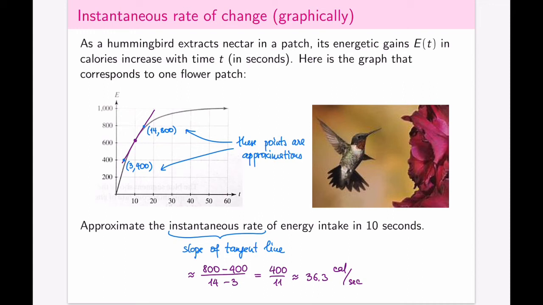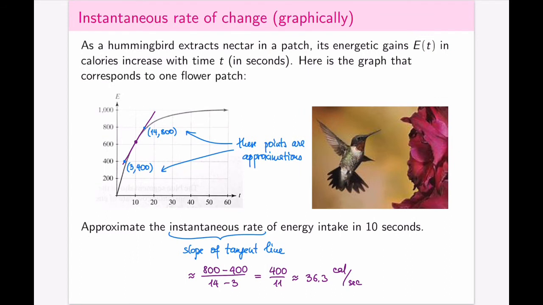Now, once we have that, we can see that this is the rate of energy intake at 10 seconds. Remember that the previous slide said that the average rate of energy intake is 16 points per second. This is quite a bit higher than that, and we can of course see that our previous slide had the secant line that looked like this. This line is quite a bit steeper, so its slope will be higher than the average, and that makes perfect sense.